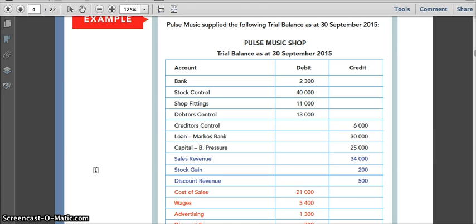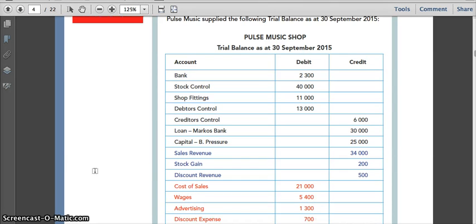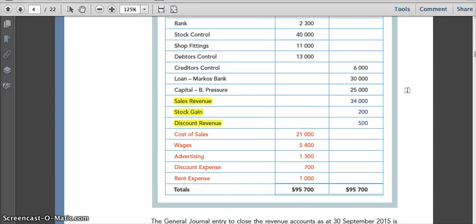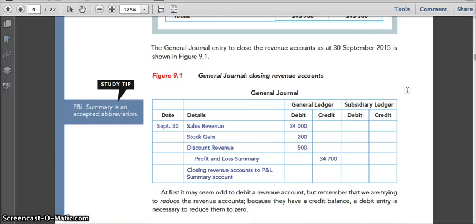So we've got a trial balance here, and the three revenue items: sales revenue, stock gain, and discount revenue. We take those figures, and this is how we deal with it in the general journal.